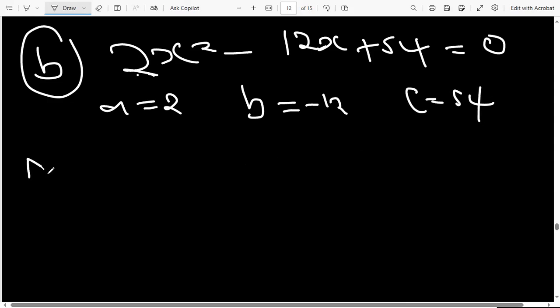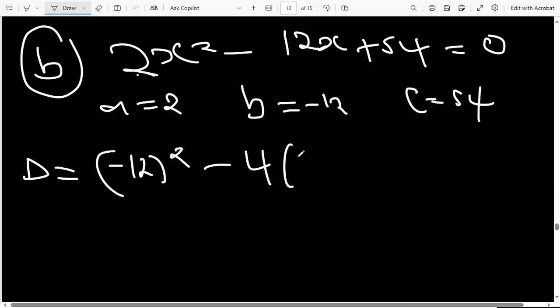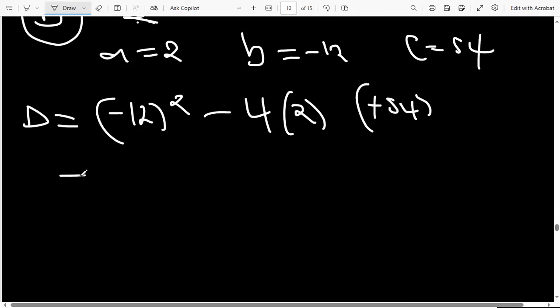So let's input it into the formula for the discriminant. We are going to have b squared, which is minus 12 squared, minus 4a, which is 2, and then c, which is 54. So let's multiply.